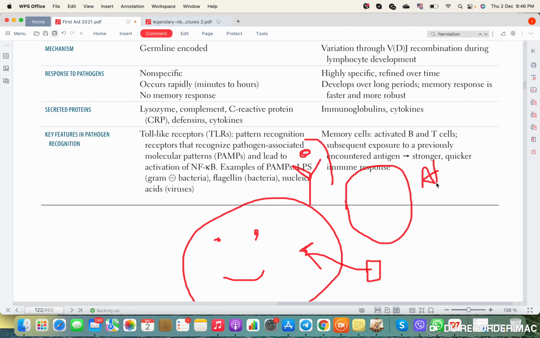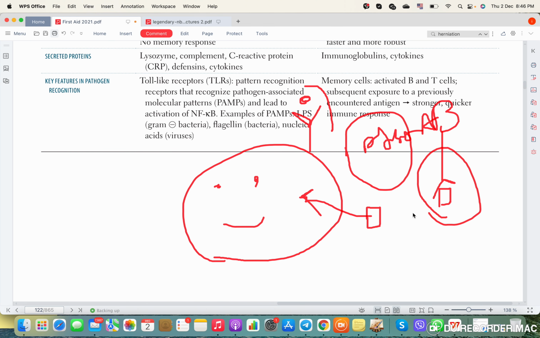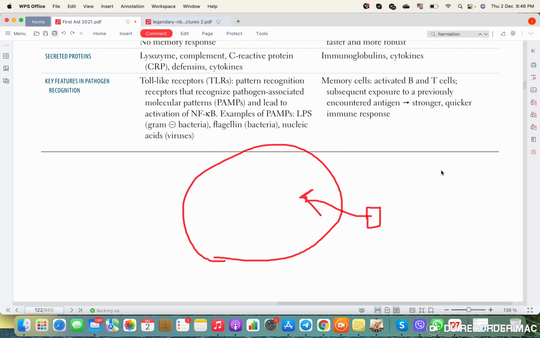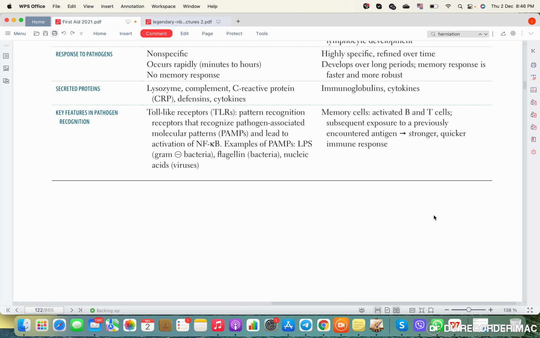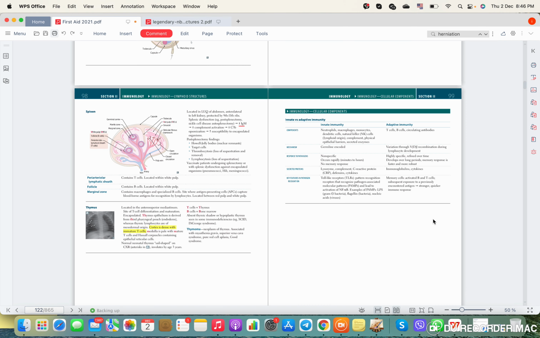So next time he enters the body, this is a plasma cell, the moment the antibody sees it, it will be like, I see you, come here. It will attach to it, and the macrophage will be like, yummy, and will go and eat it. So as you see, we have developed a memory cell. The same with the T cells. They also can develop memory against the pathogenic infection.